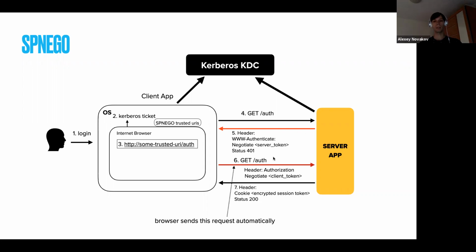Basically, the idea here is that it's sending a challenge to the user, so the user has to reply with the answer to this challenge. And the user replies automatically by sending another request to the server, including a header, which this time is the Authorization header with the value Negotiate followed by the client token. This token is used by the server to establish the so-called Kerberos context.